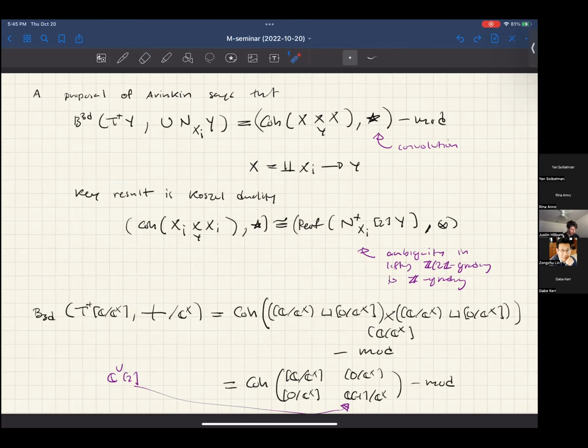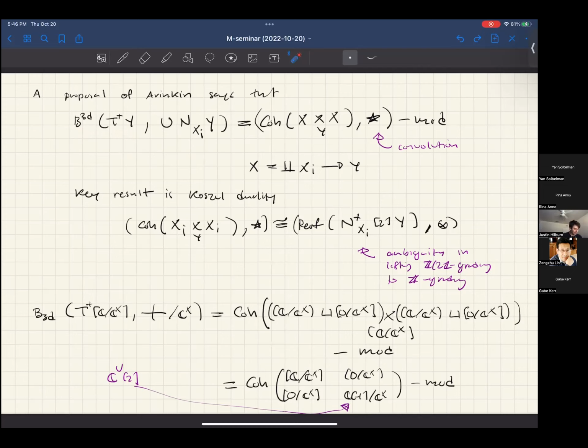Okay, so let me now describe what the B side is for roughly the same thing. The B side in this story is actually way better understood and is much easier. So let me suppose that I want to understand what the 3D B model is for some cotangent bundle where I have a skeleton which is just given by a union of conormals.